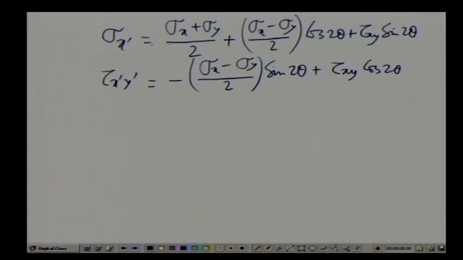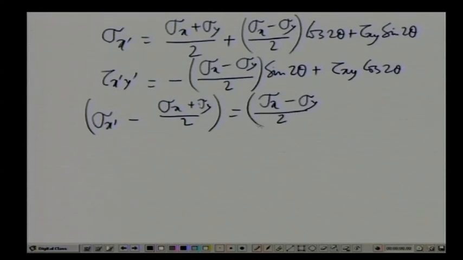Now, from the first of these equations we can write sigma x dashed minus (sigma x plus sigma y)/2 is equal to (sigma x minus sigma y)/2 cos 2 theta plus tau xy sin 2 theta.